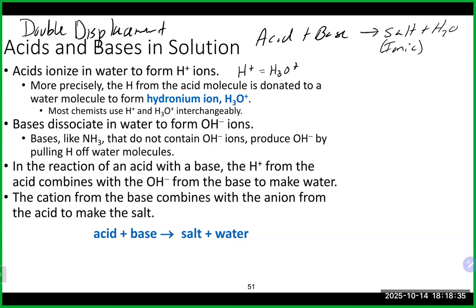We often see H+ or H3O+, and again, it's really just that acid part of the solution. Bases, on the other hand, are things that have the ability to form OH- or hydroxide ions in solution. For both an acid or a base, the idea is they form these ions, and they are basically free in solution.